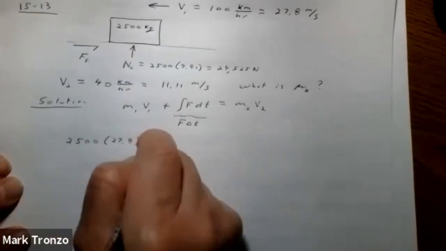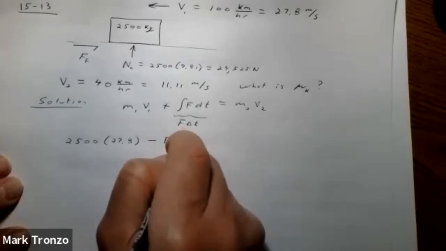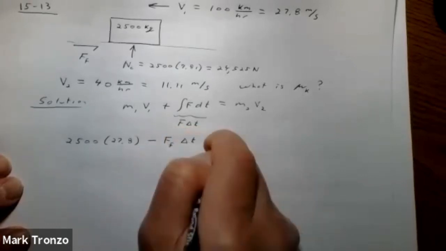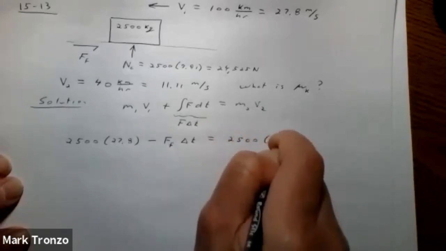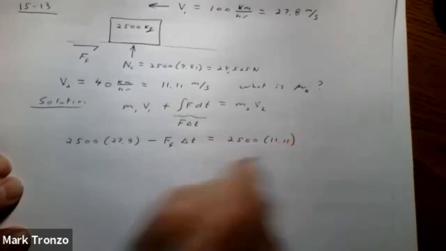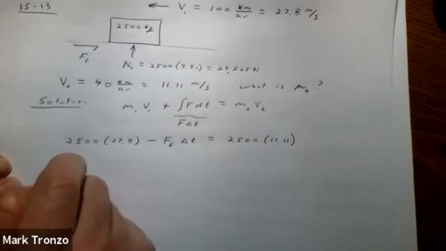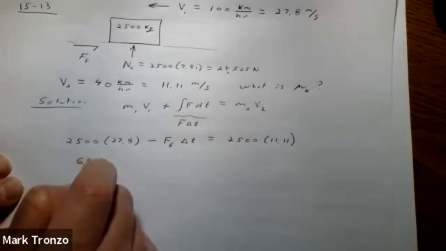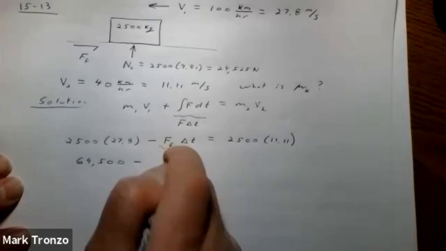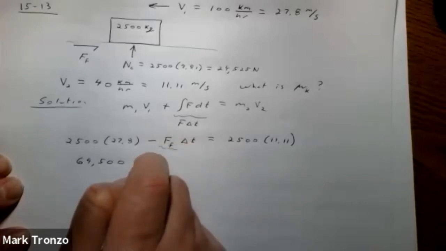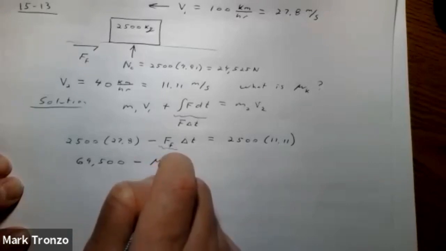And so that's going to be F delta t equals 2,500 times 11.11. And if we multiply this out, we get like 69,500.